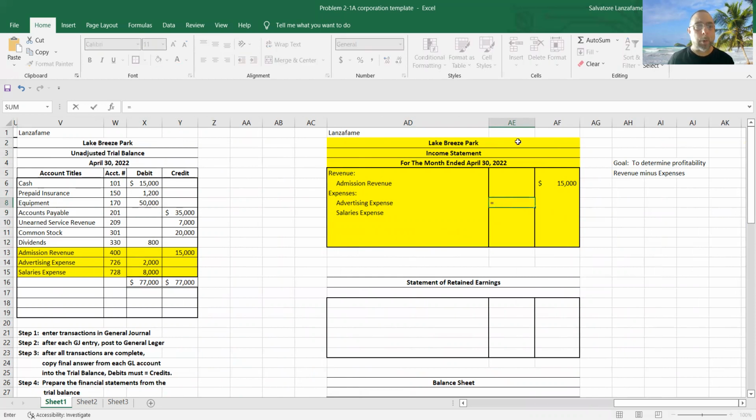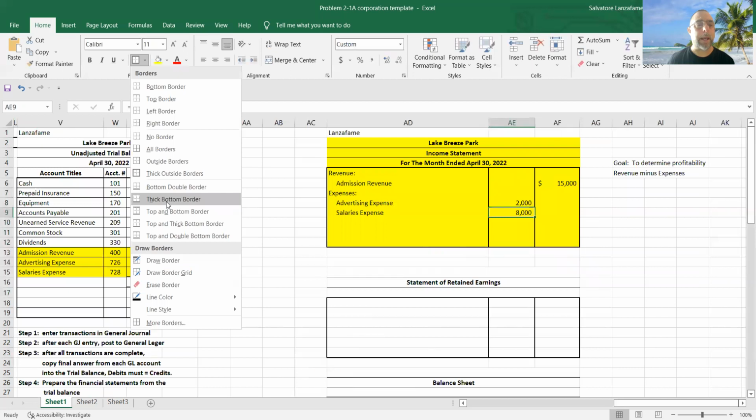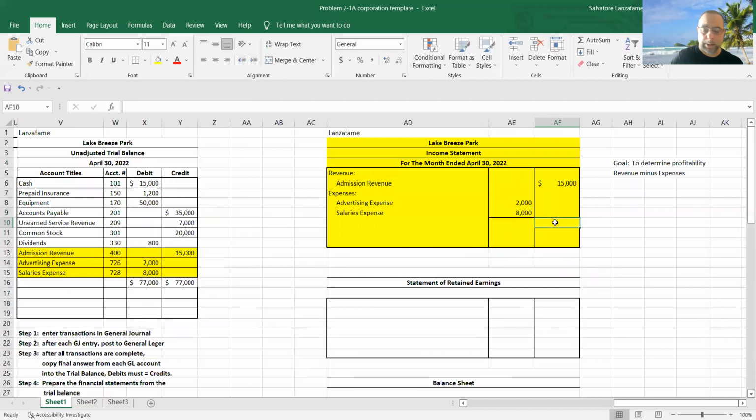So because I have more than one expense, I'm going to list these expenses in column 1, right? And I'm going to add them together. And I'm going to put their result in column 2.